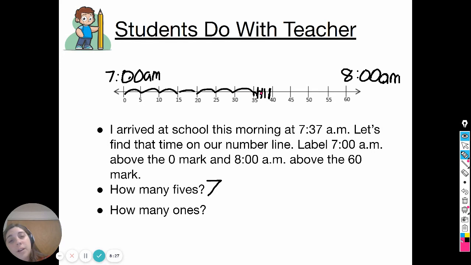I'll make it a different color so it's easier for you to see. So how many times did we have to count by 1s? Well, we're at 35, 36, 37. We had to count 2 times.